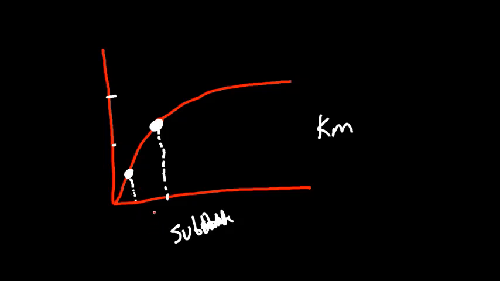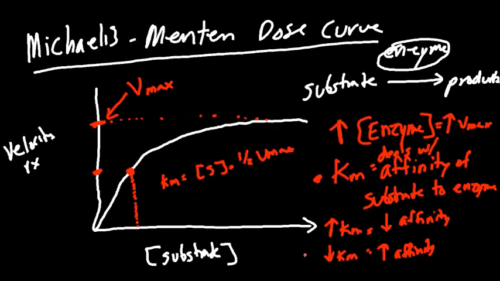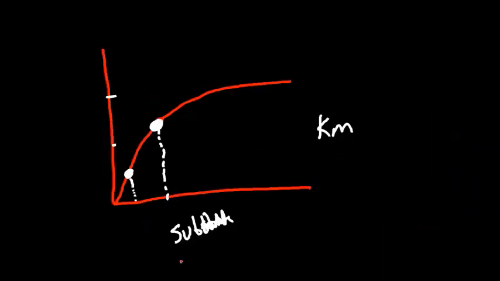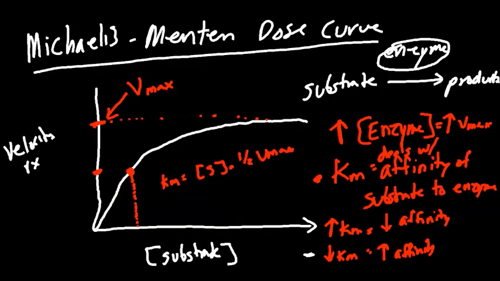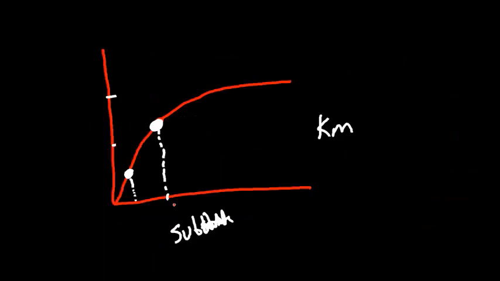It doesn't take as much substrate to reach the Vmax. It means we're going to have a high affinity. If we decrease the Km, which we just did, we moved the Km down, then it means that you have an increased affinity of your substrate to the enzyme. That's all it means. The Km is an affinity measure.